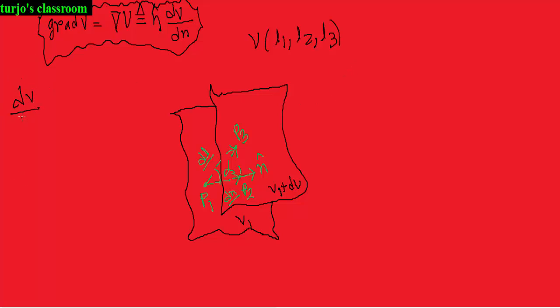Now dV by dl can be written as dV by dn into dn by dl. Here cross multiplication will retain the expression.